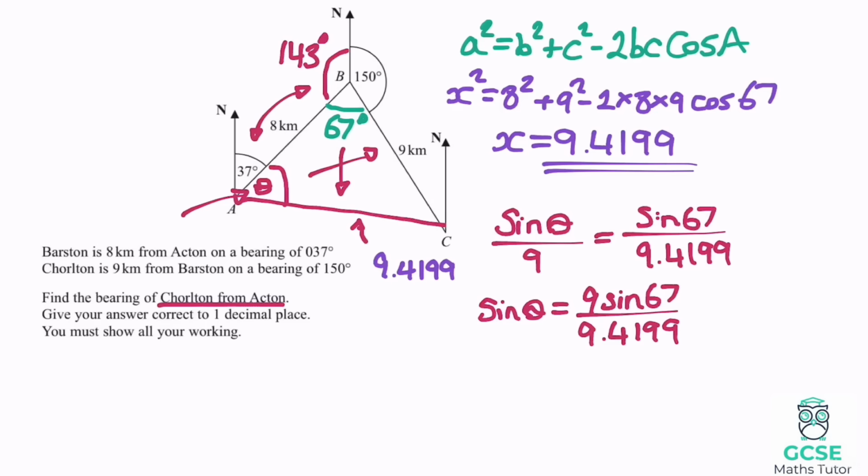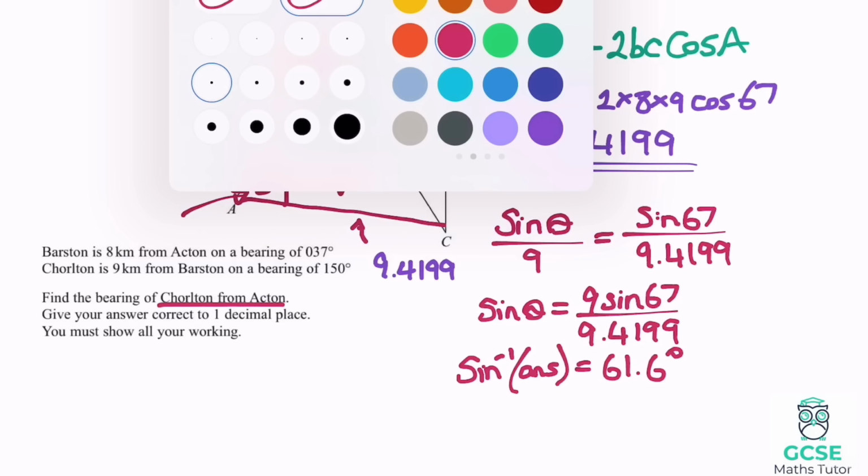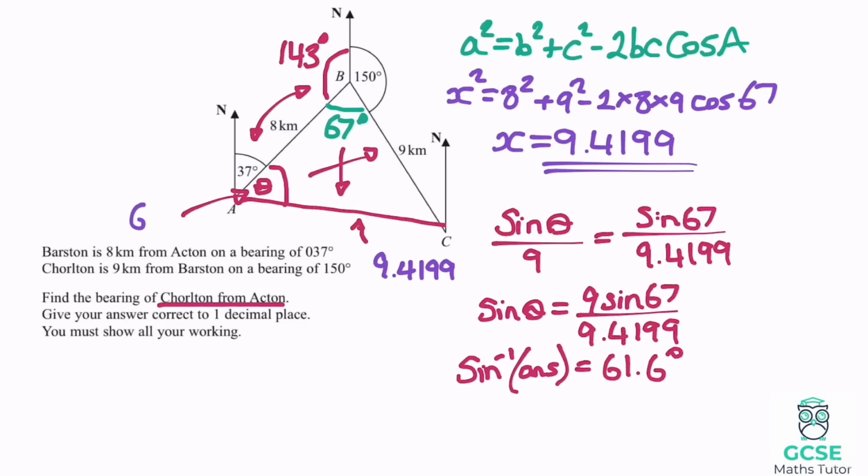There we go. Now, finishing this off, if we type that into the calculator, so 9 sine 67 over 9.4199, and then do the inverse sine, so sine minus 1 of the answer there, we get the answer 61.6, with some decimal places, but it says correct to one decimal place, so I'm going to leave it there for the moment, so 61.6 degrees. There we go. So we can label that into our diagram. This will be 61.6.